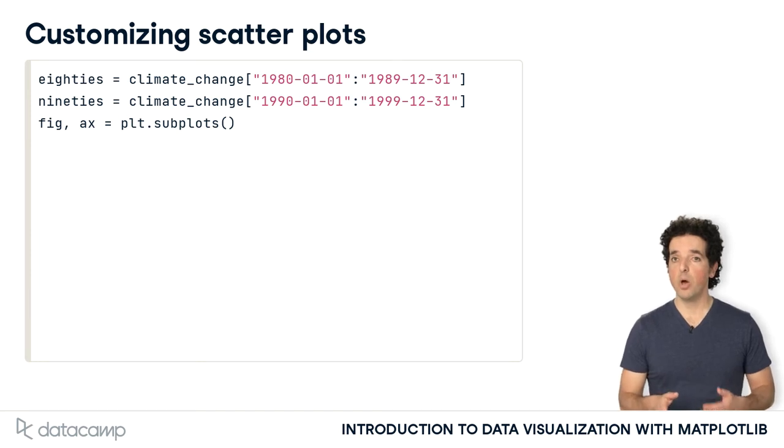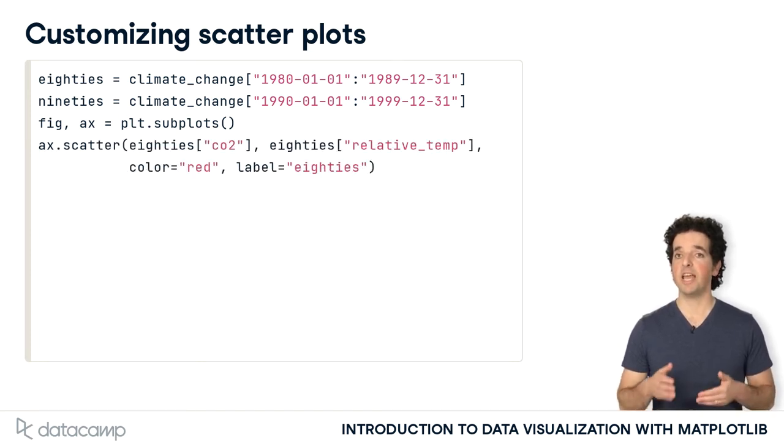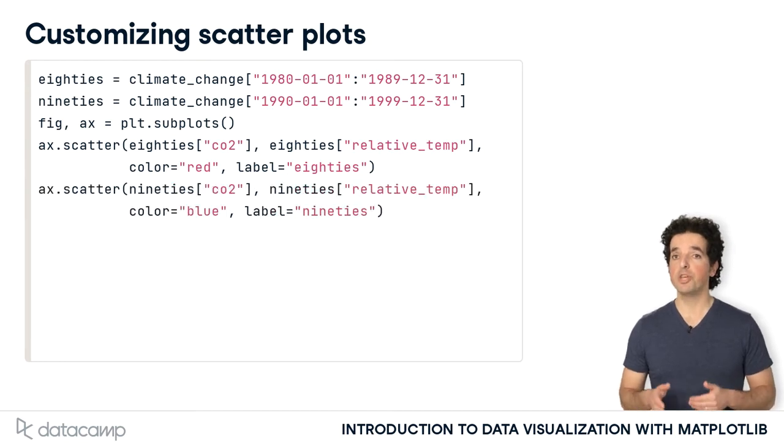In one, we'll show the data from the 1980s, and in the other, we'll show the data from the 1990s. We can select these parts of the data using the time series indexing that you've seen before to create two data frames called 80s and 90s.